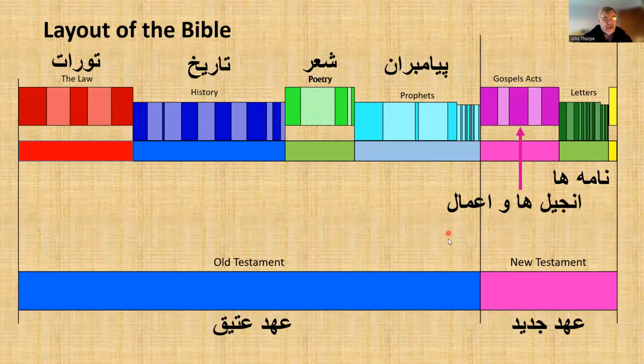The Bible is divided into two parts, the Old Testament and the New Testament. The Old Testament was written before the time of Jesus, and it describes things that happened before the time of Jesus.